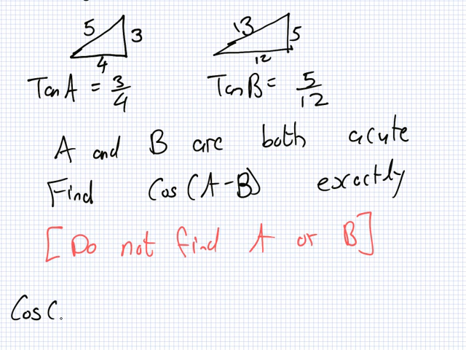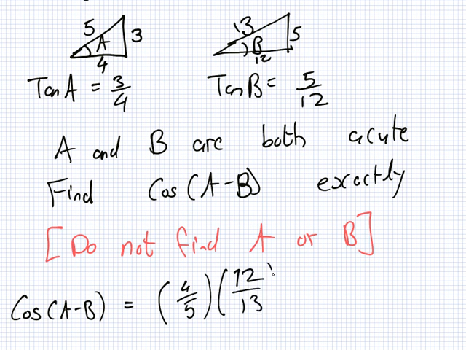Cos(A minus B) equals, now this one here is A and this one here is B. So that's cos A, which is 4 over 5, times cos B, which is 12 over 13, plus sin A, which is 3 over 5, times sin B, which is 5 over 13. And you might think, done, but not quite.